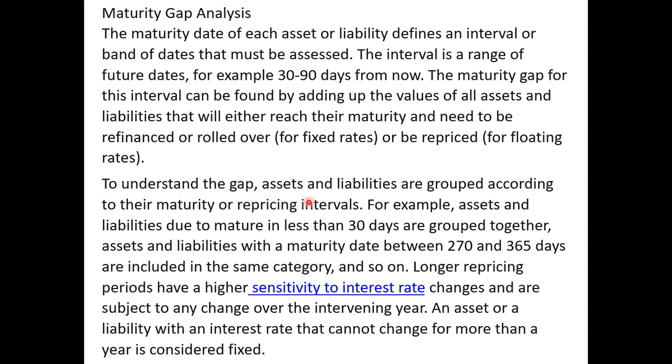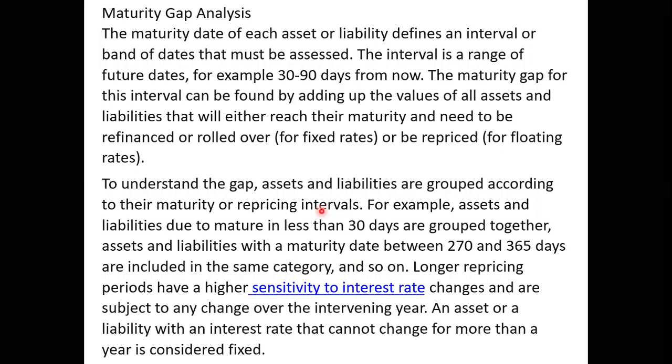To understand the gap, assets and liabilities are grouped according to their maturity or repricing intervals. Short-term assets and short-term liabilities are grouped in one group, and long-term assets and long-term deposits in another. For example, assets and liabilities due to mature in less than 30 days, within 1 month, are grouped together.